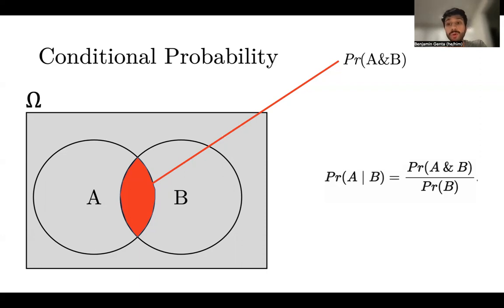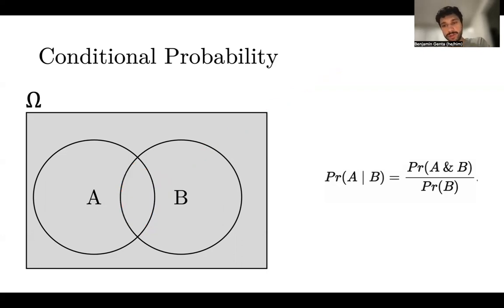Because that would be 2 over 6, not 2 over 3. What I was asking was, given the information that you know that it landed on an even number, what's the probability that it's a high number? And that's slightly different here. Here we have new information, and so you're restricting your space of possibilities. So it's not just this.